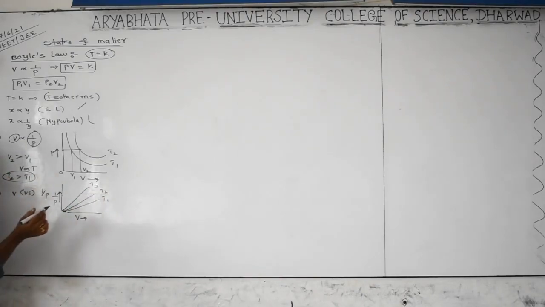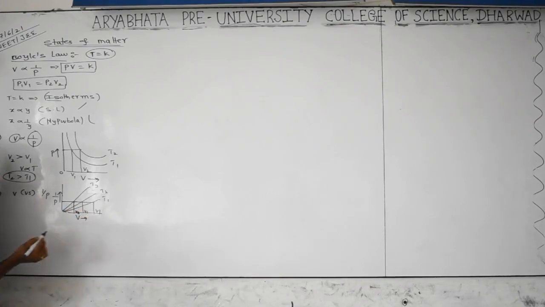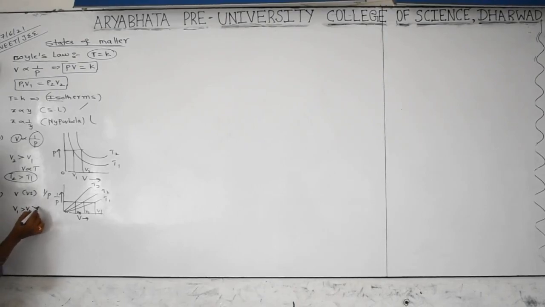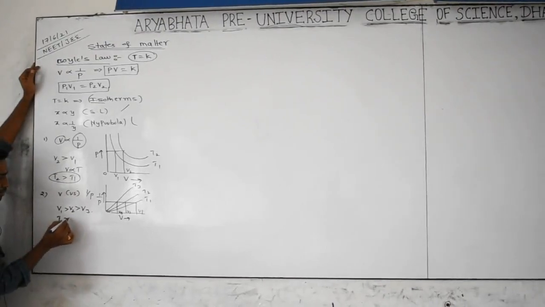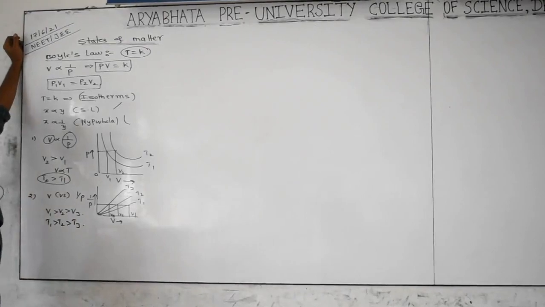Now fix one point on 1 by P and draw a vertical line. This is V3, this is V2, this is V1. Which is more? V1 is more than V2, which is more than V3. Automatically the corresponding temperature T1 is more than T2, which is more than T3. Are you getting it or not?